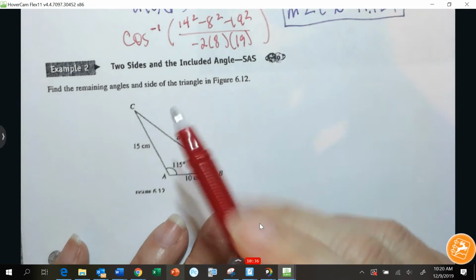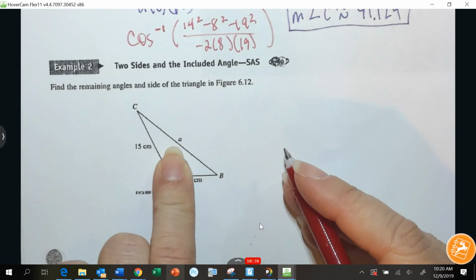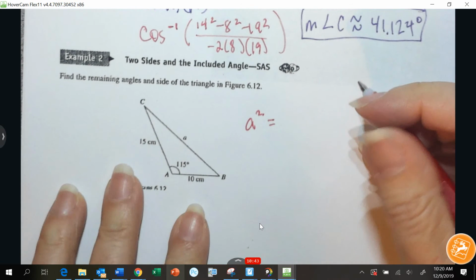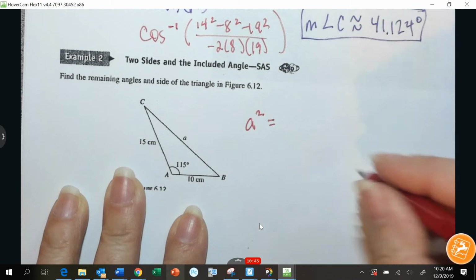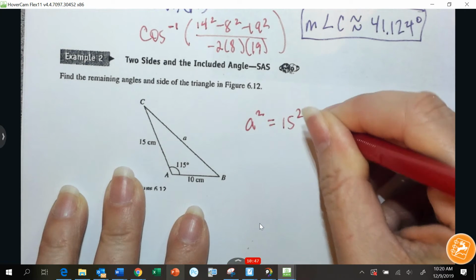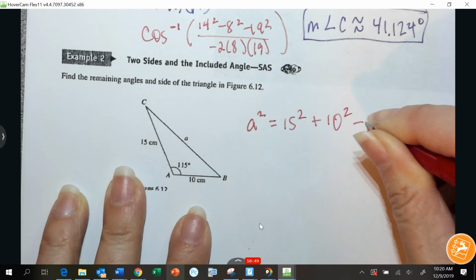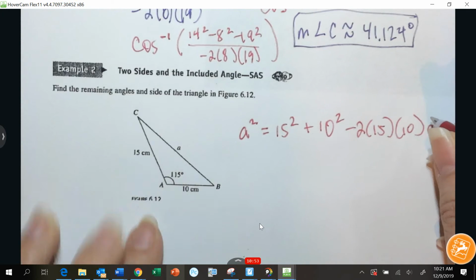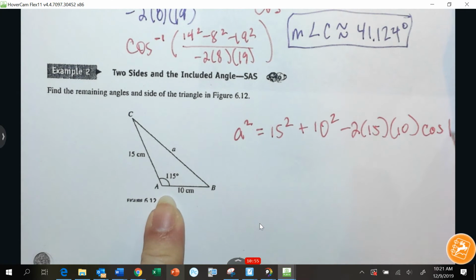So we're going to do law of cosines, and I need to find side A, so that's going to get the a squared on the other side of the equation. Everything else is put on the right side of the equation. 15 squared plus 10 squared, subtract off 2 times 15 times 10 times cosine, the angle that is given is 115 degrees.